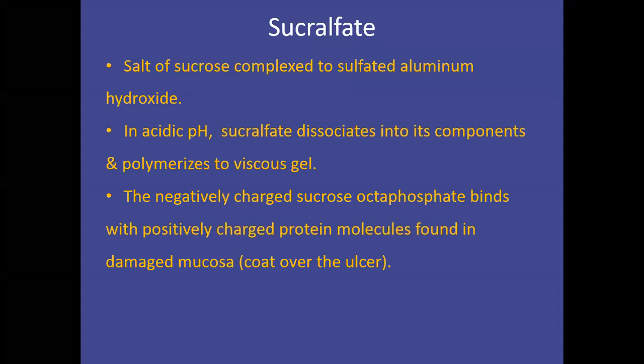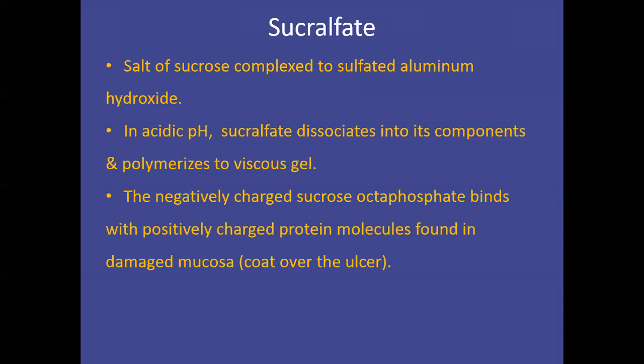So whenever there is an ulcer, the positively charged proteins and the negatively charged sucrose bind together, and the sucrose makes a polymer on the surface, on the crater of the ulcer, and produces a physical barrier between the ulcer and the HCl.